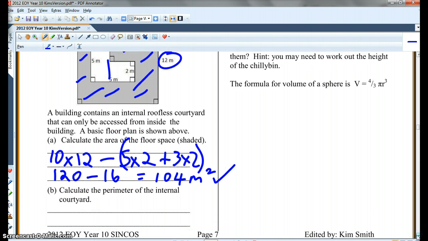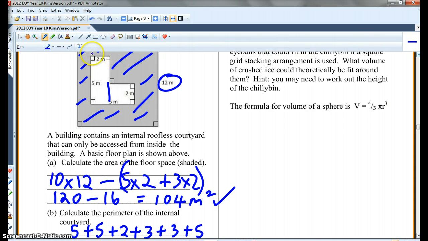Calculate the perimeter of the internal courtyard. So we're going to have 5 plus 5 plus 2 plus 3 plus 3 plus 5. Let me check that with the diagram. 5 plus 5 plus 2 plus 3 plus 3 plus 2.